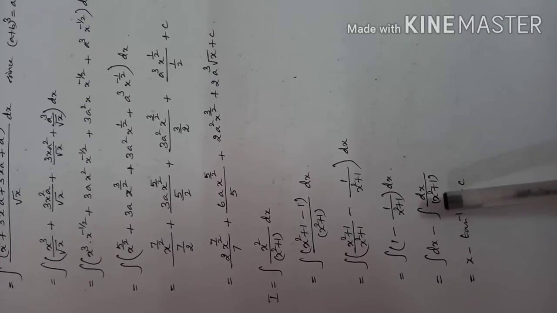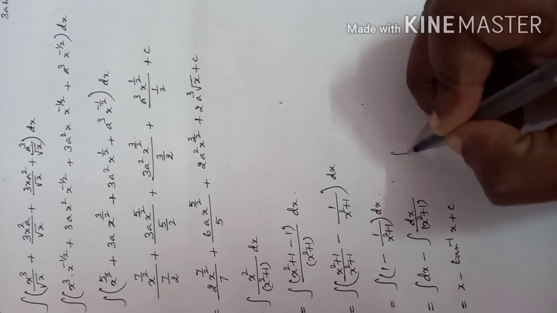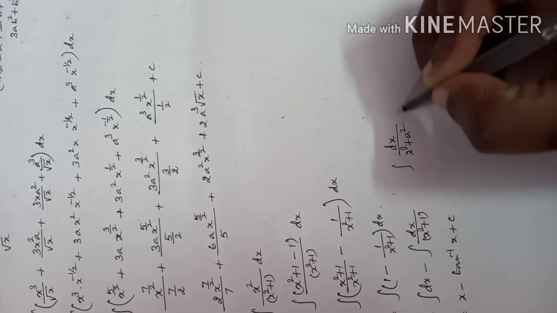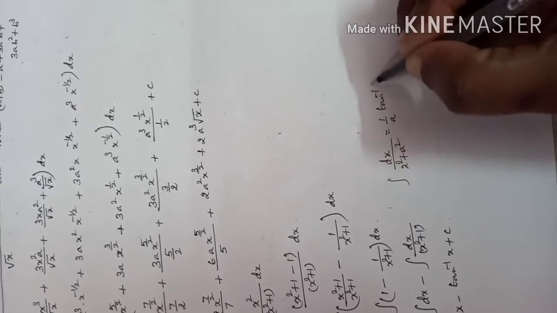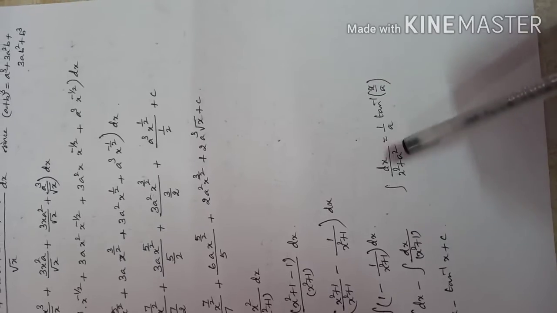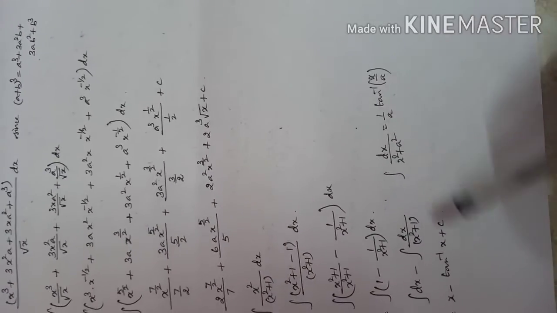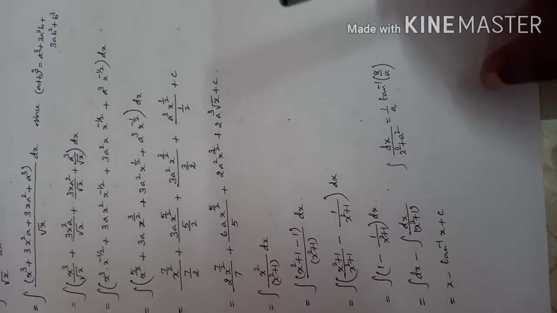We know the formula: the integral of dx by x square plus a square is 1 by a tan inverse of x by a. Here a is 1, so 1 by 1 is 1, and tan inverse of x by 1 is tan inverse x. That is why the answer is x minus tan inverse of x plus c, which completes this problem.